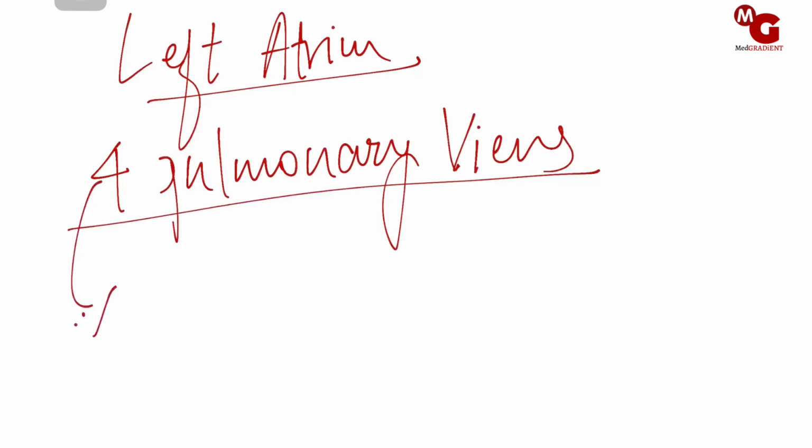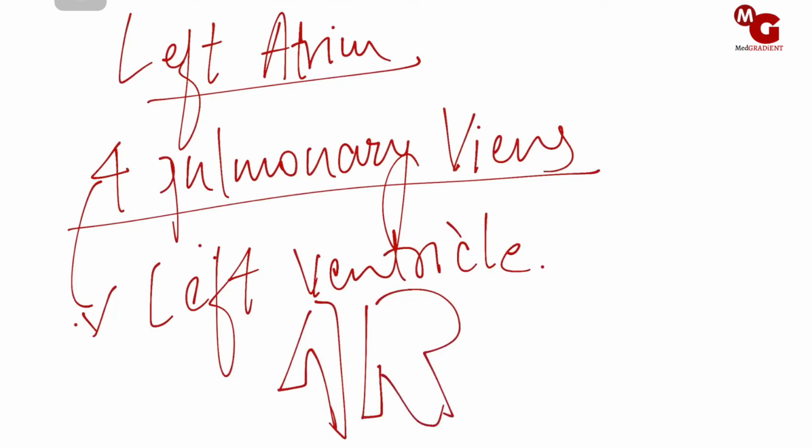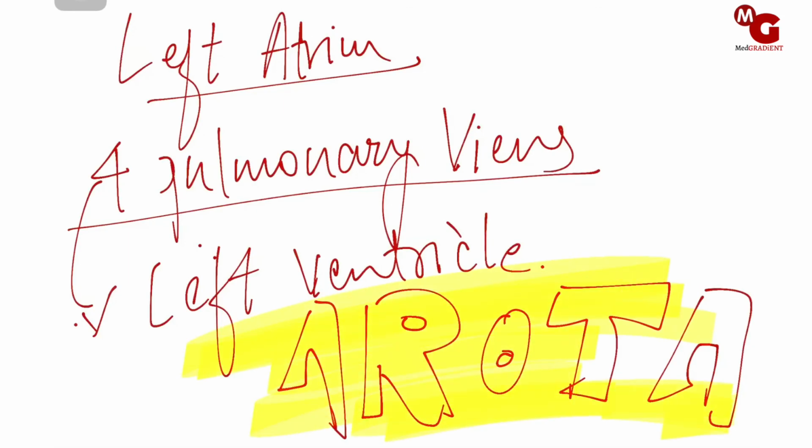And the blood from these pulmonary veins goes into the left ventricle, and it's pumped out into the aorta, right, which brings blood to all of our body.